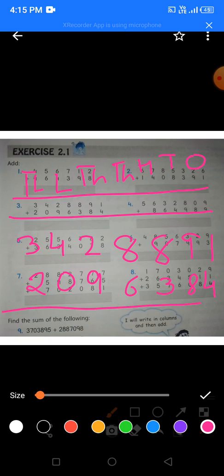Okay, when you write the answer children, look here, whenever you write the answer, so 1, 4, 1 plus 4 is 5. So this 5 should be below 1, 4, that is, 1, 4 and 5 should all be in one line only.